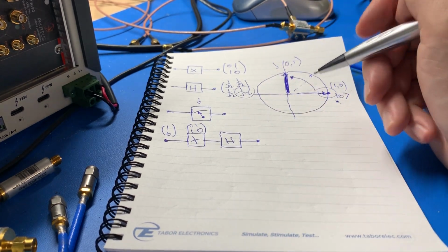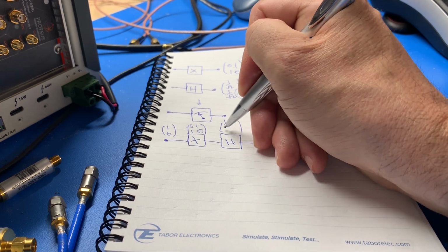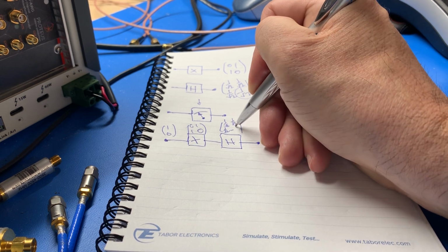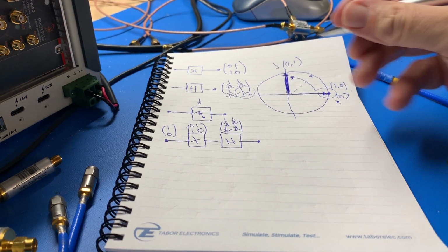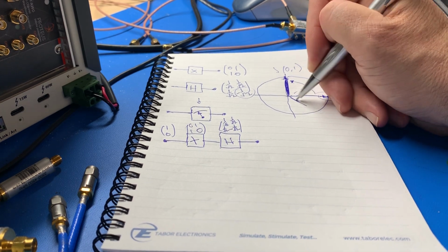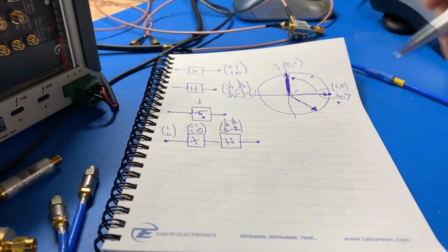This minus 1 over root 2 comes into play. So this is our matrix here, lots of 1 over root 2's, and then in the corner we have the minus 1 over root 2. And what that does is move this vector from here to here, like so.